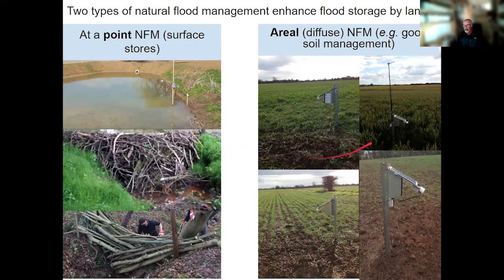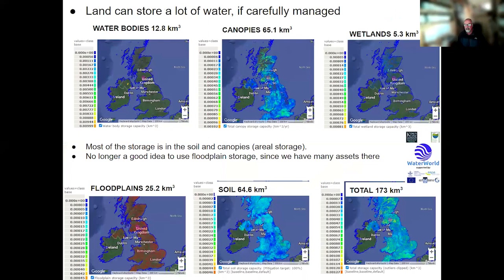Or an areal natural flood management where you change the land management over a large area rather than working in the streams and ditches, and that enables you to store more water in the land. So something like good soil management, something like regenerative agriculture, where you're doing less ploughing, for example, could be an example of that.